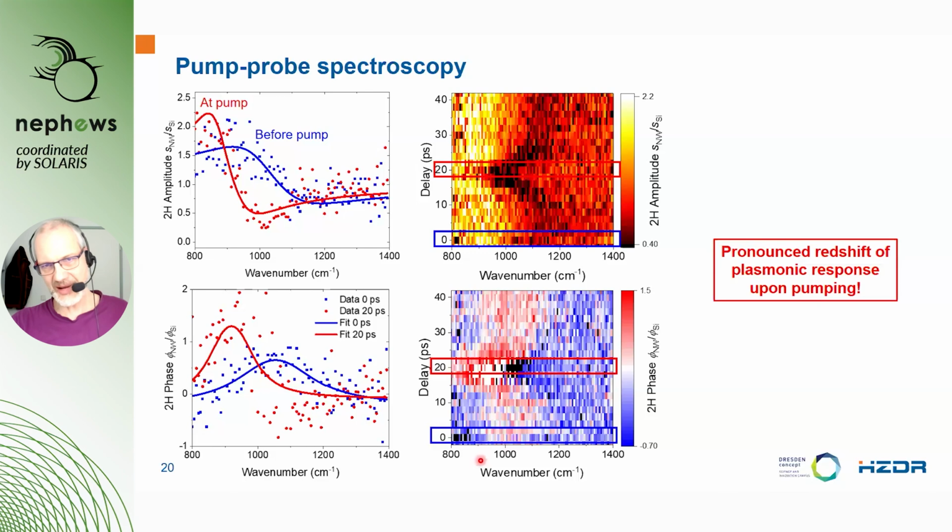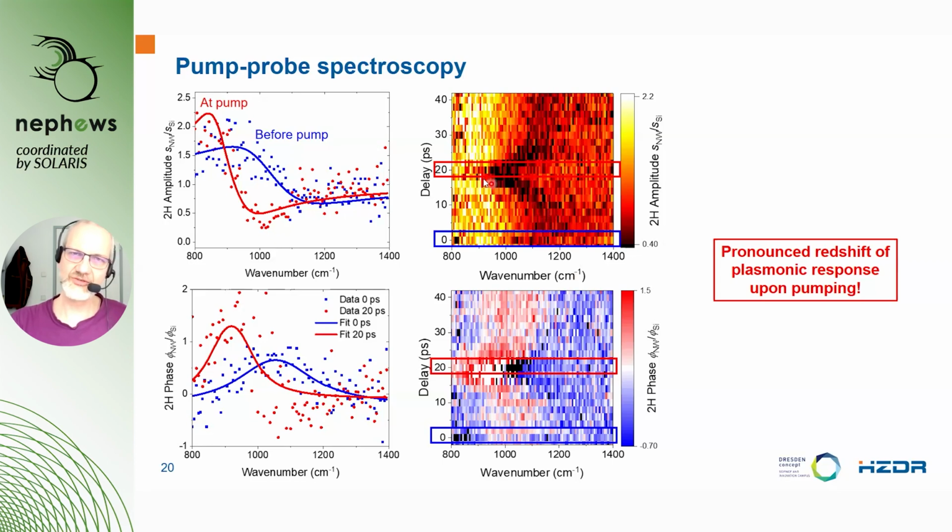In this false color map, on this scale we have the spectral information, the wave number, and here is the time delay. Before the excitation, the resonance is sitting here and then moving towards lower wave numbers and recovering back. And in the amplitude, one can see even better.